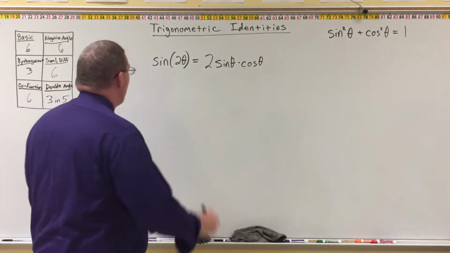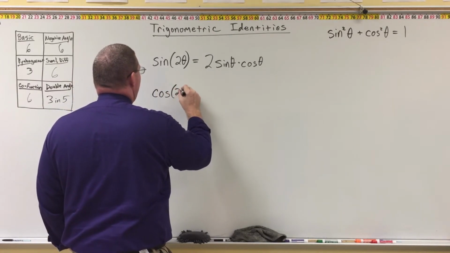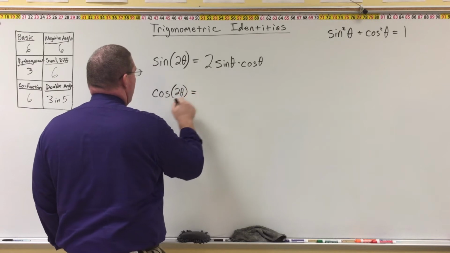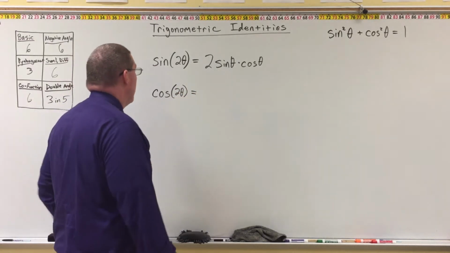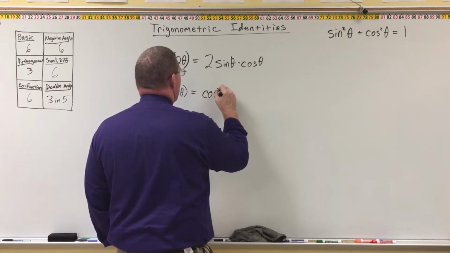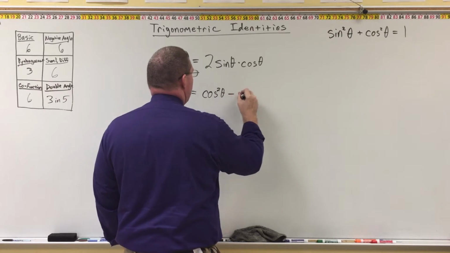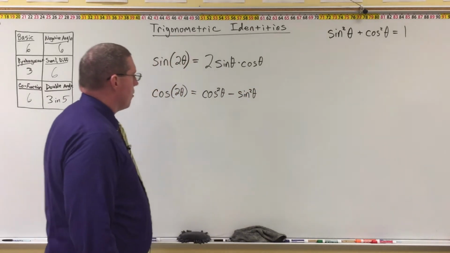Okay? All right, so now cosine of 2 theta. All of these are going to be of 2 theta, we have double the angle, right? So cosine of 2 theta is going to be cosine squared of theta minus sine squared of theta, okay? That's pretty simple.